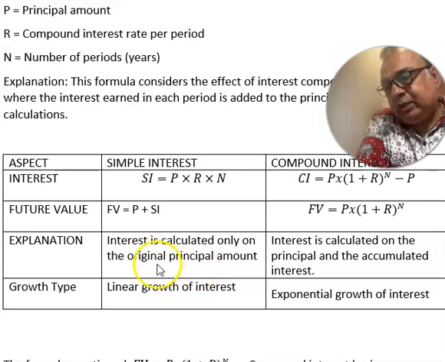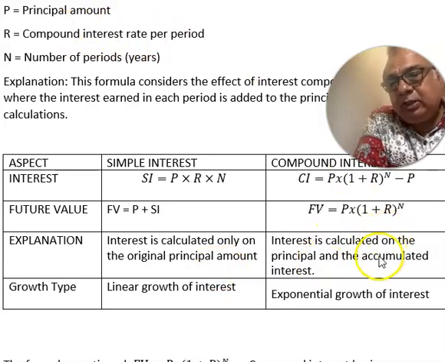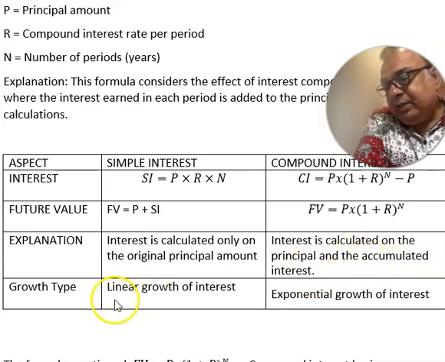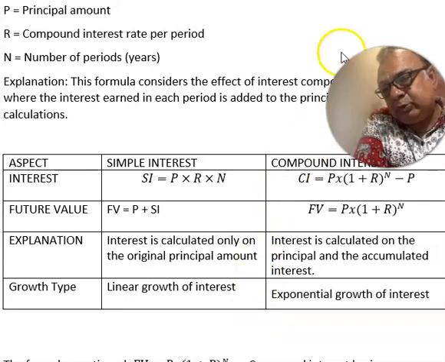This is important. In compound interest, interest is calculated on the principal and the accumulated interest. This simple interest will grow linearly, and this grows exponentially.